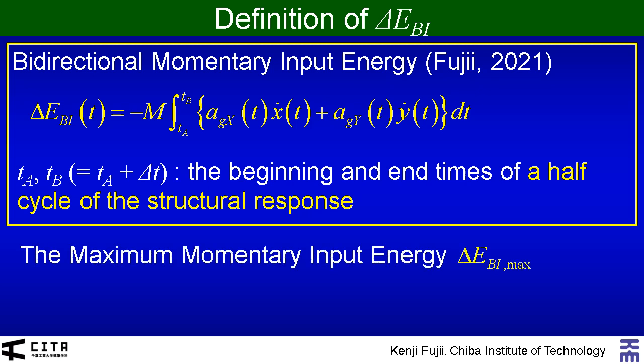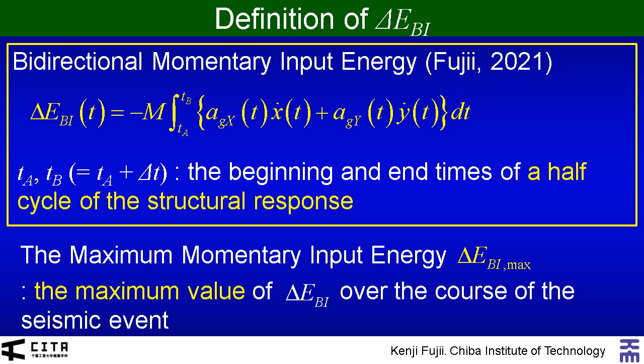The maximum momentary input energy is defined as the maximum of the momentary input energy over the course of the seismic event. This definition is consistent to the original momentary input energy proposed by Dr. Hori and Dr. Inoue for unidirectional response.